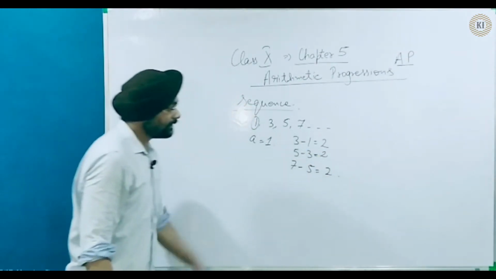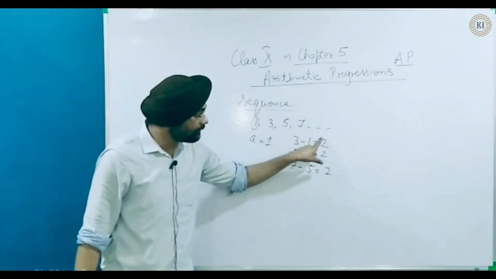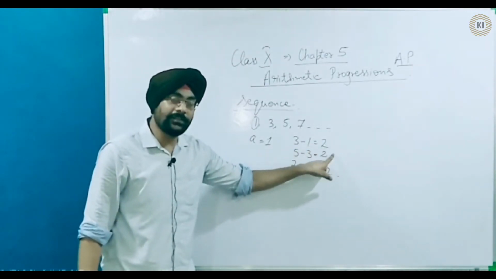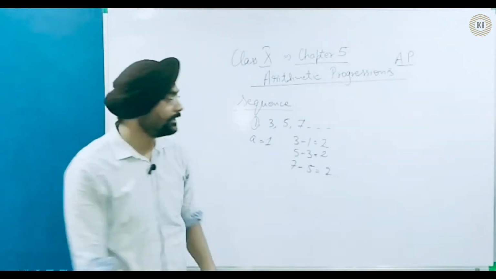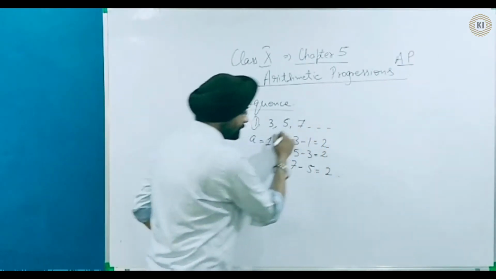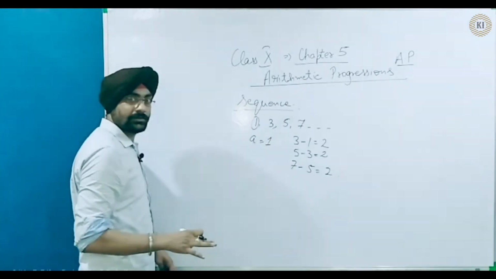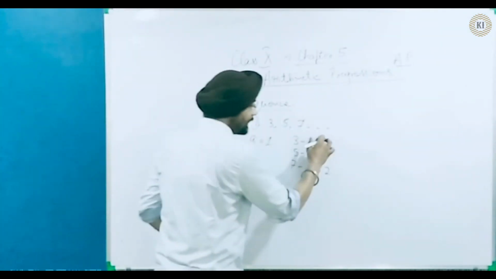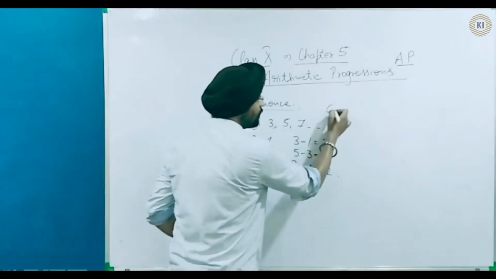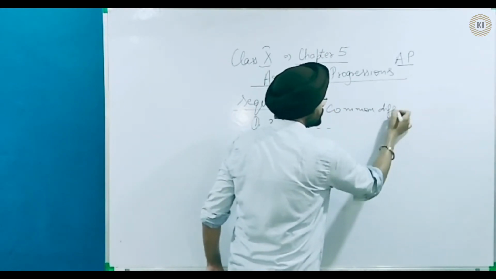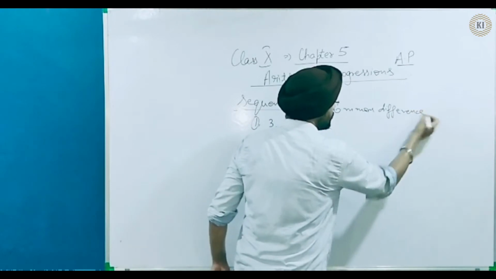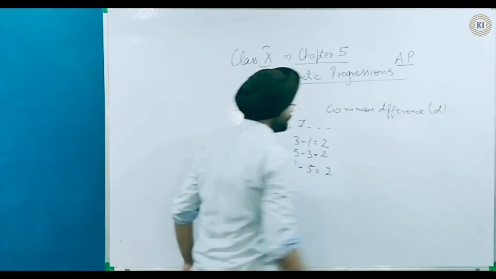So you can see a very important thing, that the difference between each number is fixed, that is constant. So this total forms your AP series, and this number is known as the common difference, denoted by the letter D.